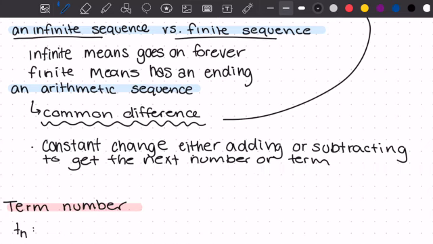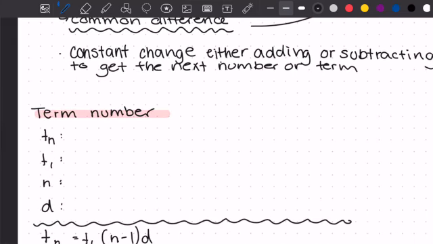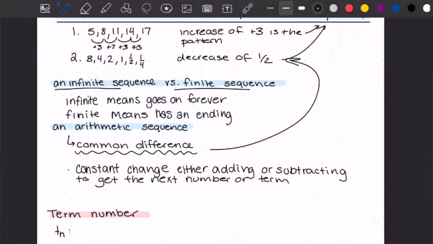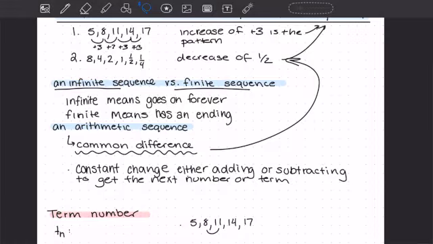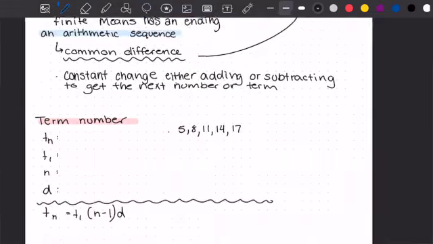Now we're going to talk about the term number. In a sequence of numbers, we are going to have different term numbers. If I go back up to my example here, 5, 8, 11, 14, and 17, this is my sequence.